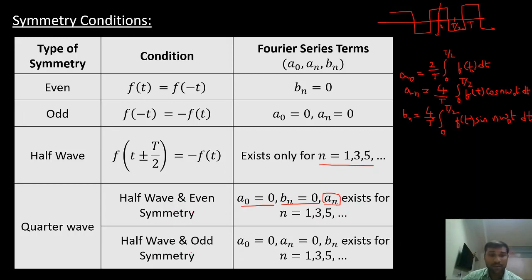For half wave and odd symmetry, An is 0 and A0 is 0 according to odd symmetric conditions, and only Bn exists. Bn also exists only for odd harmonics because the signal is half wave symmetric. So these are the different conditions, right?